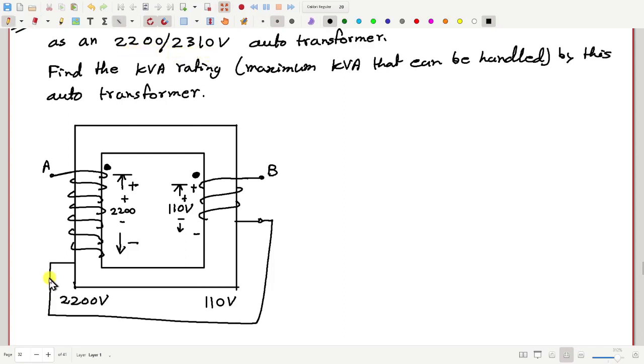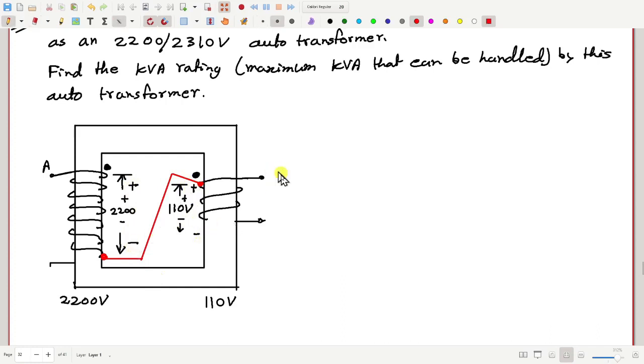So what we have to do is, maybe I do it here, I connect it like this. Plus minus plus minus.